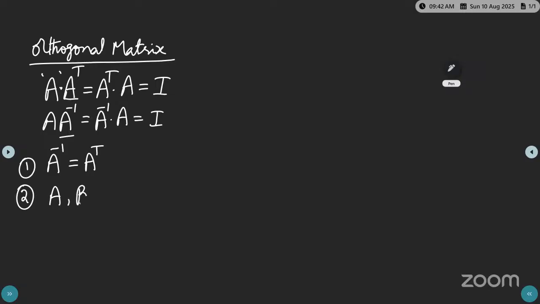If A comma B are two orthogonal matrices of same order, orthogonal means already they are square matrices. Do remember.